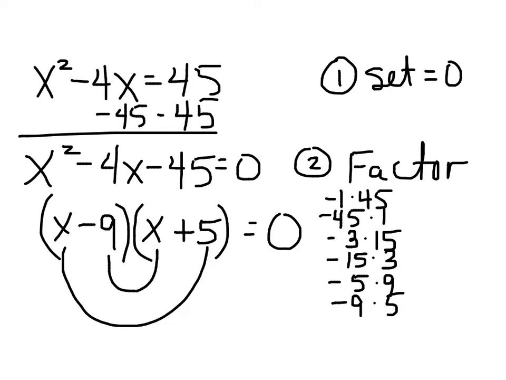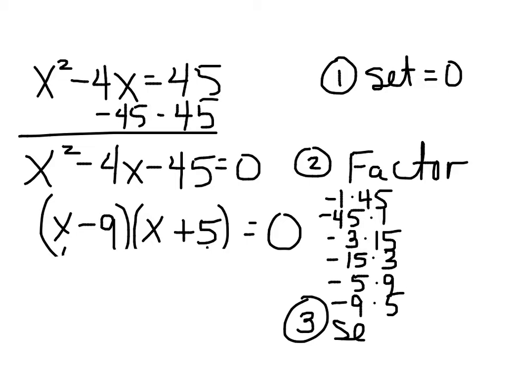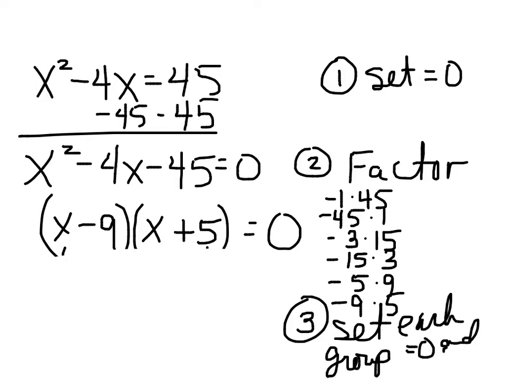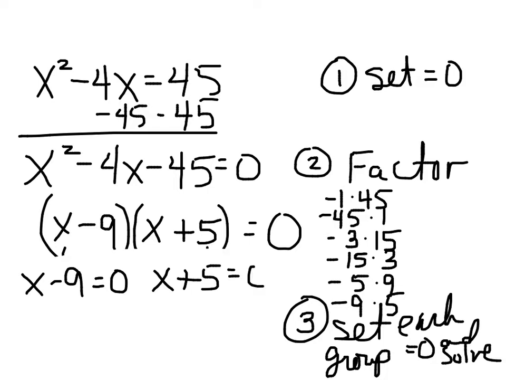All right? Now that you've gotten it so that it works, the third step is to set each group equal to 0 and solve. So x minus 9 equals 0 and x plus 5 equals 0.